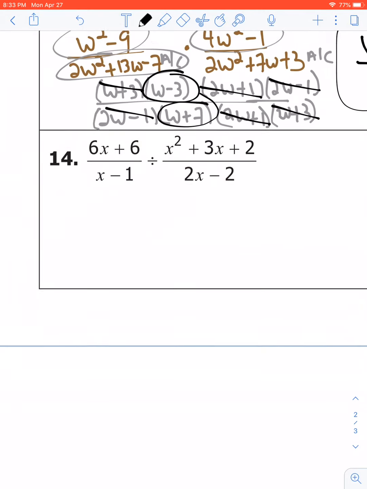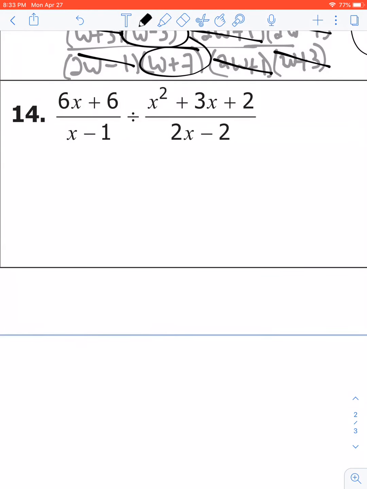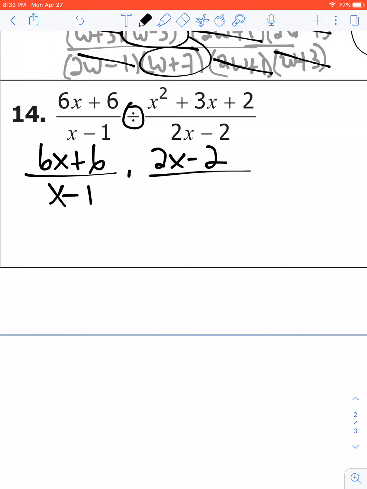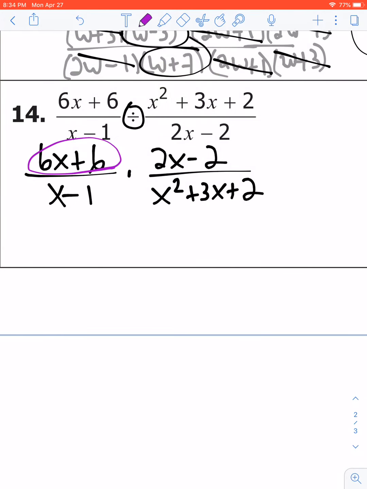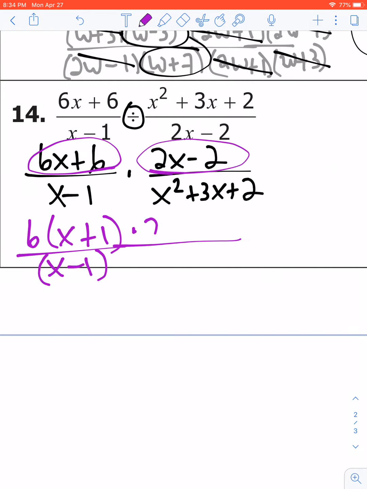And for our last question, I notice that it is divide, so the first expression stays the same. The second fraction flips. Let's go factoring. That has a GCF of 6. This has a GCF of 2.